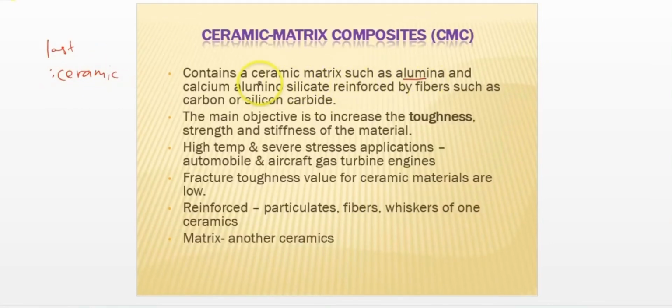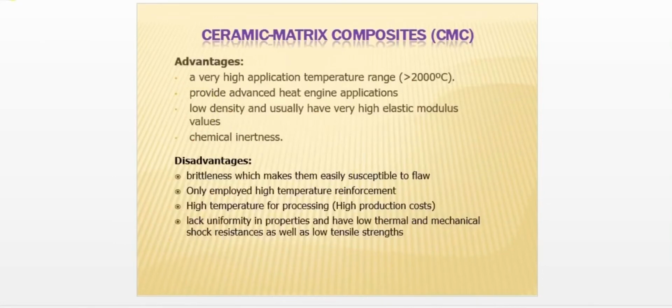It contains a ceramic matrix such as alumina and calcium aluminum silicate, reinforced by fibers such as carbon and silicon carbide. It is more or less the same as the metal, with its fibers. The main objective is to increase the toughness, strength and stiffness of the material. The other parts you may read on your own, the reinforcement and the matrix itself.